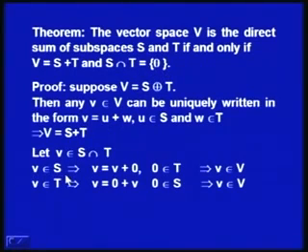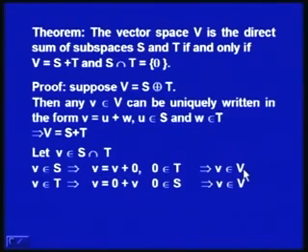So if V belongs to S, then we can write V is equal to V plus 0, 0 belonging to T and V belonging to S. So now it is a sum of two vectors, one from S, another from T.